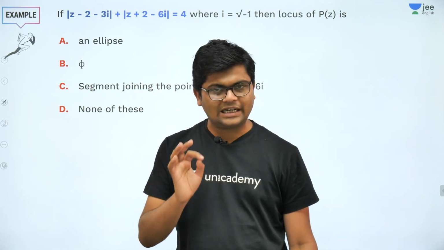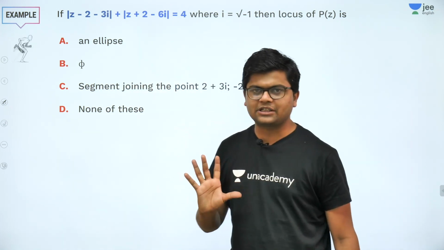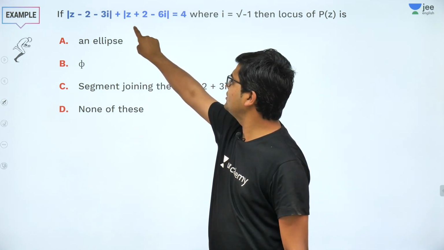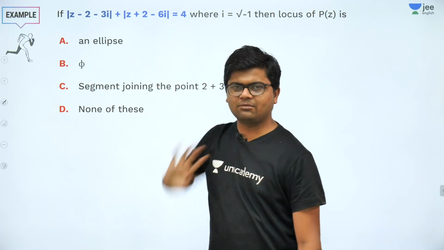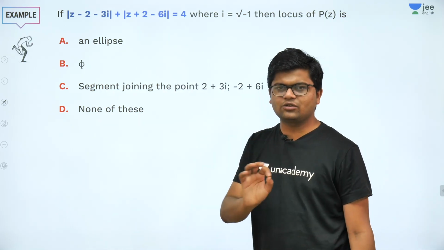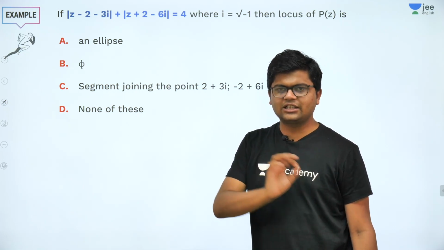This is the geometric interpretation, and the other modulus represents the distance of the point P from the complex number (minus 2, 6). Got my point? If you understood this interpretation, then there is nothing left in this question.